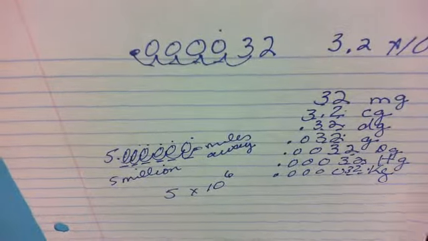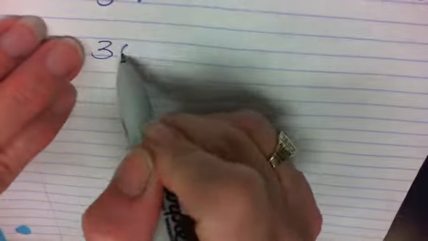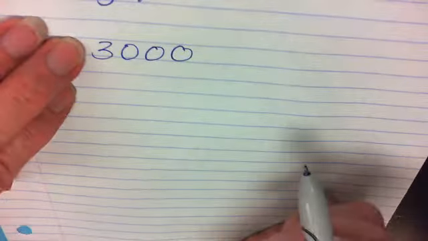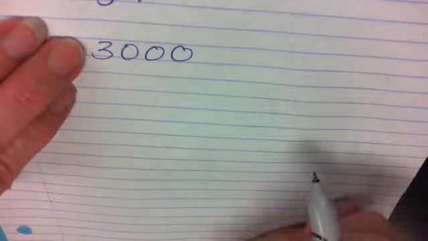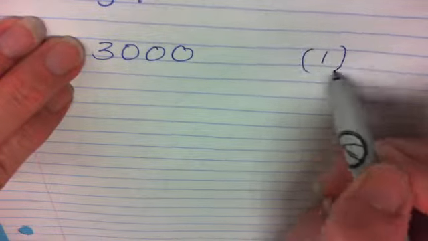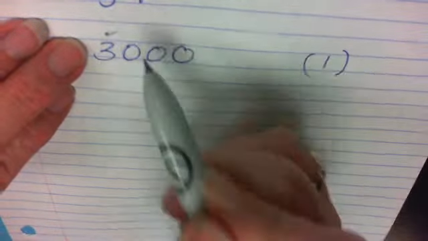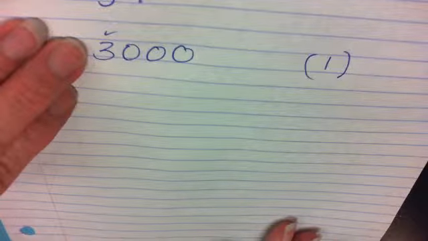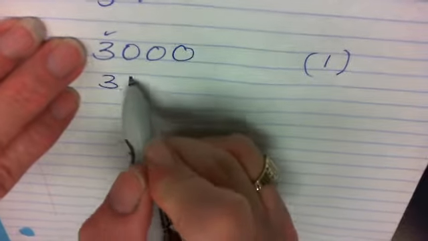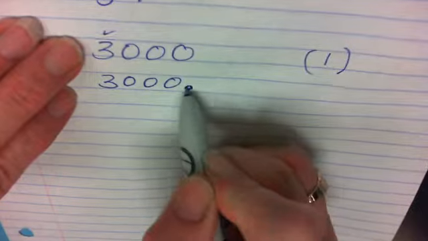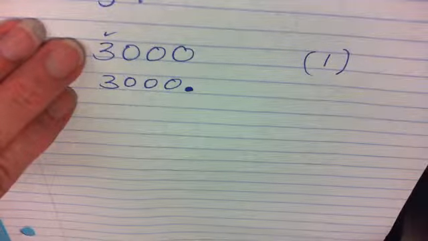Let's take a look at some examples. If I have the number 3,000, I only have 1 significant figure. That's my 3. Look what happens though if I have 3,000 and I put a decimal there.